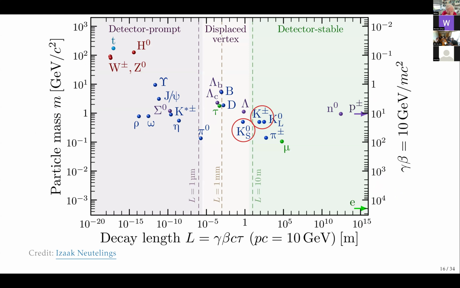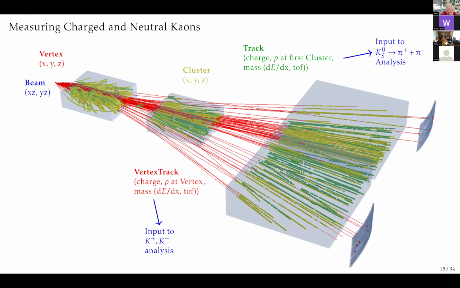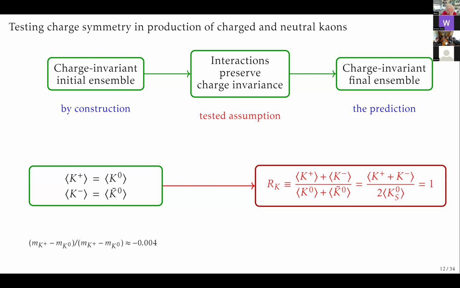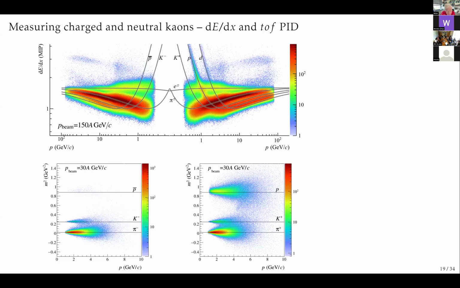My point is K minus can only come from a u bar, right? Well, it's associated production, that's where it comes from, right? Whereas the K pluses will have some true excess because of valence quarks. Okay, so maybe what I want to do needs both K plus minus and K0 separation.